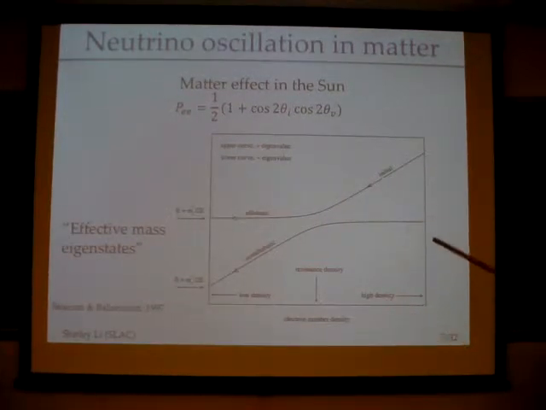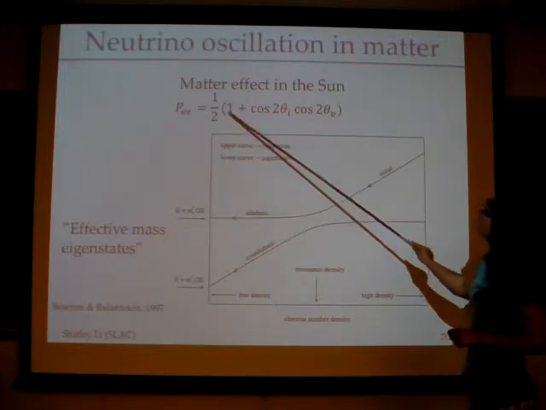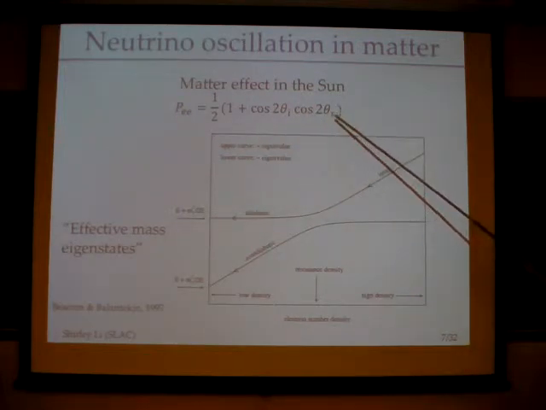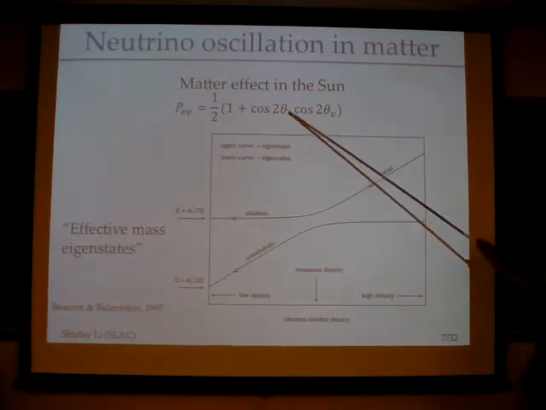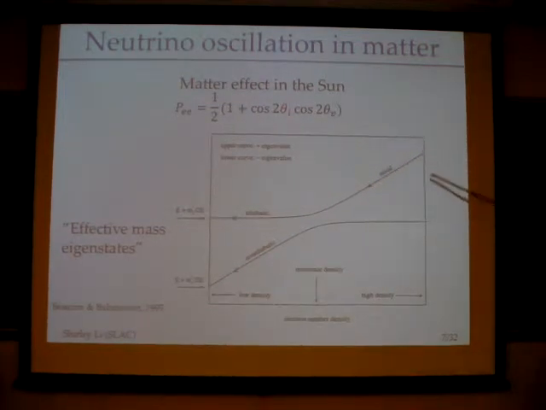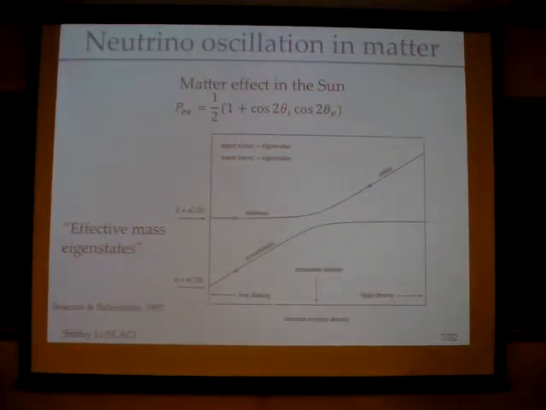So if you want to calculate the neutrino oscillation probability going through the sun, the easiest way is to integrate the Hamiltonian along the path length. In the end, you get a survival probability that looks like this. It depends on the vacuum oscillation angle, the normal angle, but it also depends on where the neutrino is born, as that sets the initial effective oscillation angle.